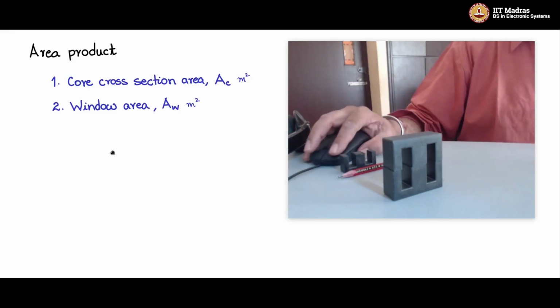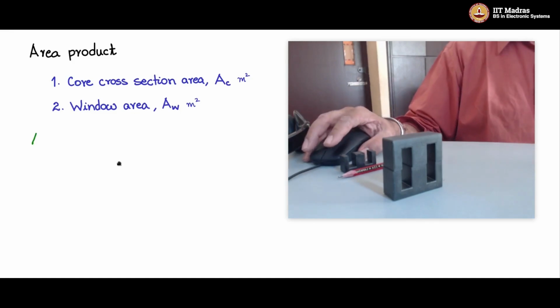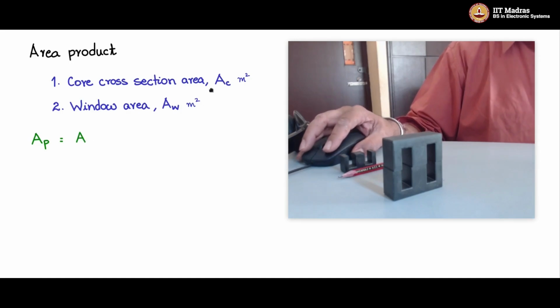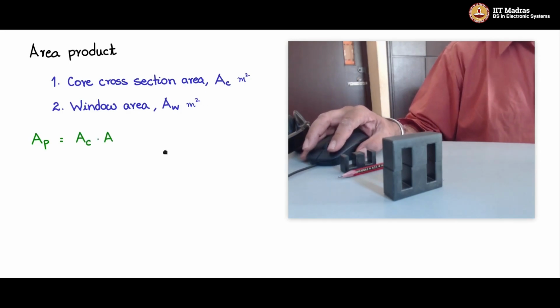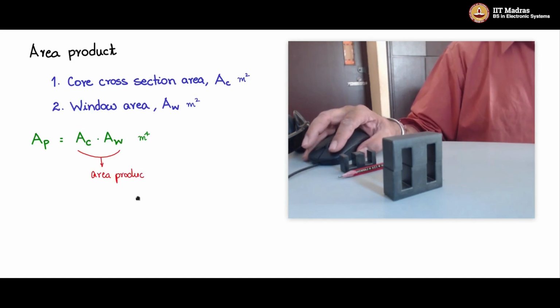And now the area product AP is AW into AC, or AC into AW, and this is meter to the power of 4. AC into AW is called the area product.